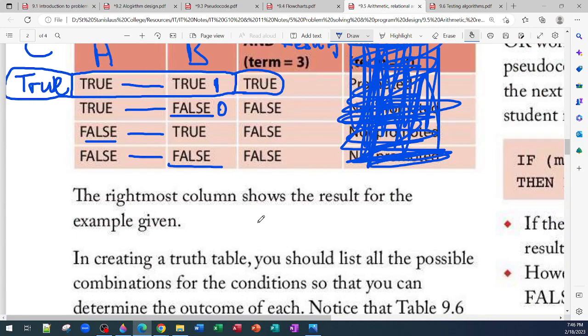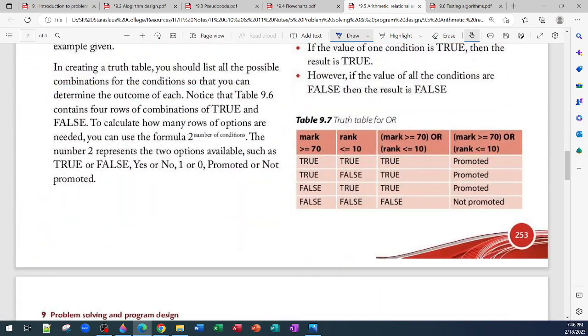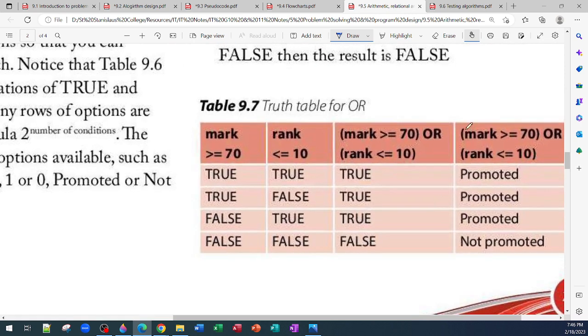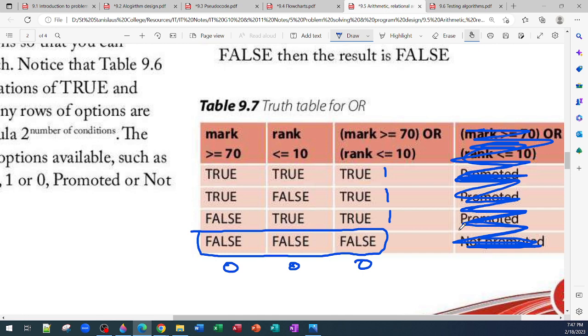So if we look at that here, forget about this column here once again. Notice at the bottom here, false and false gives you a false. So that's basically 0 and 0 gives you a 0. Any other combination gives you a 1 or a true. Think you guys understand that? Clear enough?